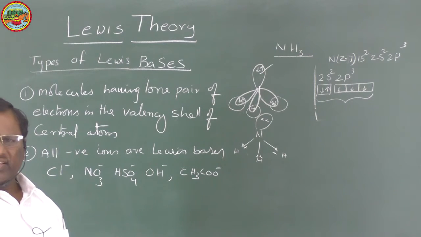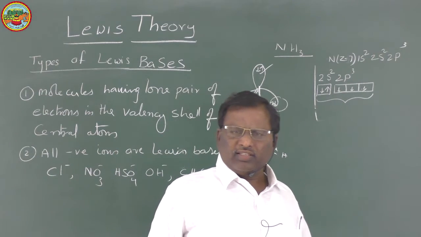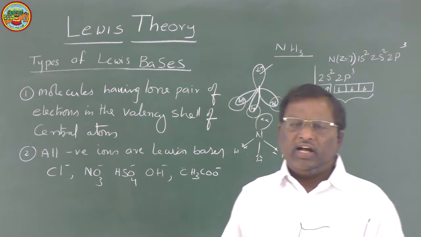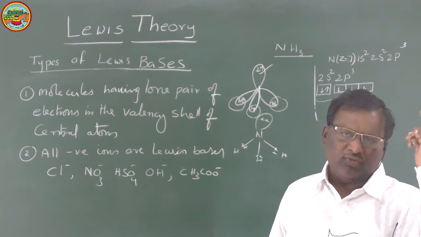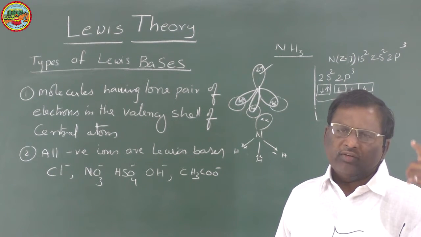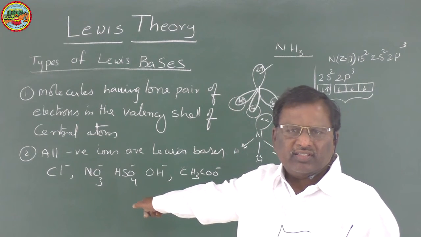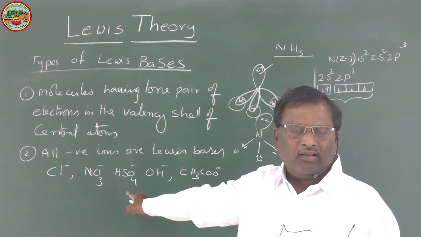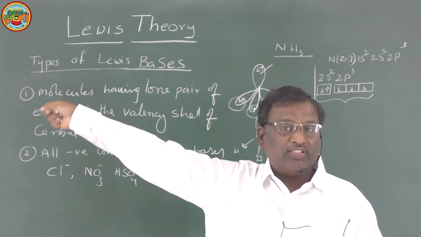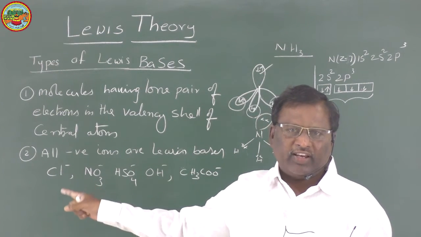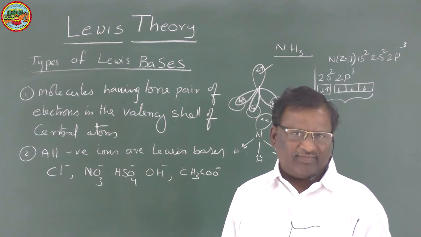So Cl minus, NO3 minus, HSO4 minus, OH minus, CH3COO minus, etc. are considered Lewis bases. In other terms, if you recollect what was explained in Bronsted theory, all these species are conjugate bases of Bronsted acids. For example, if you add an H plus ion to these species, you will get an acid.